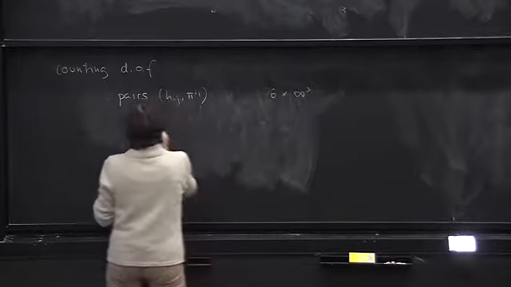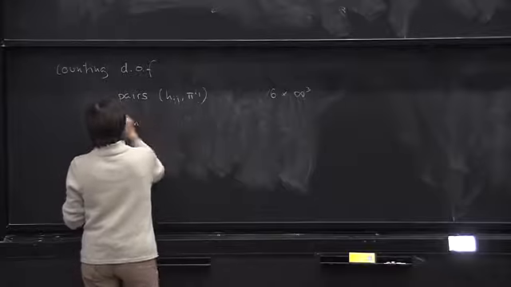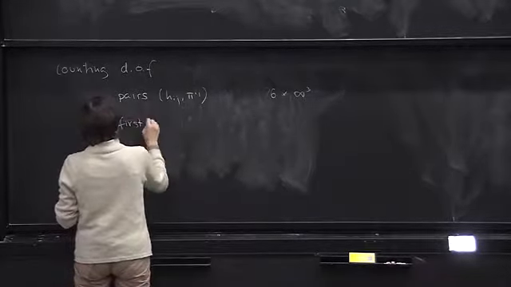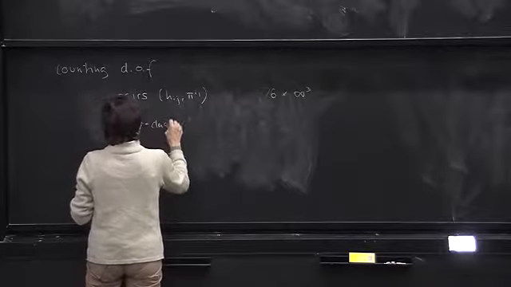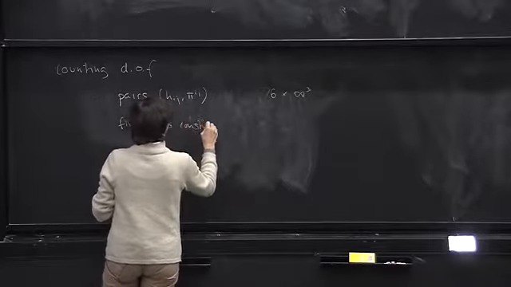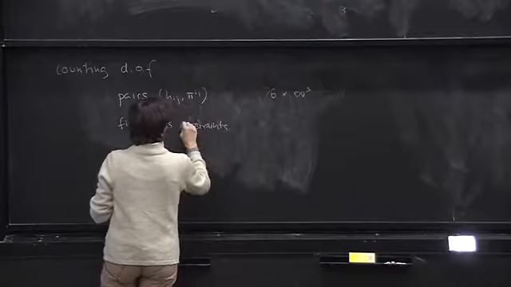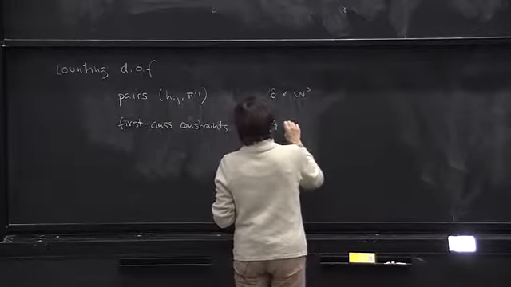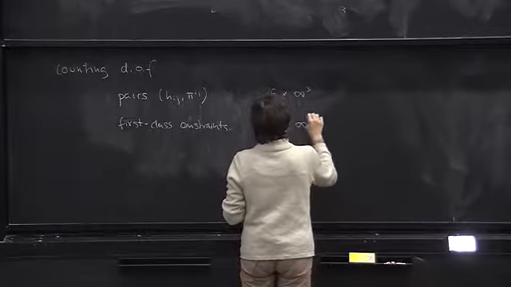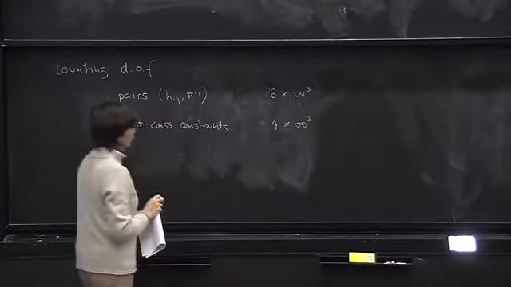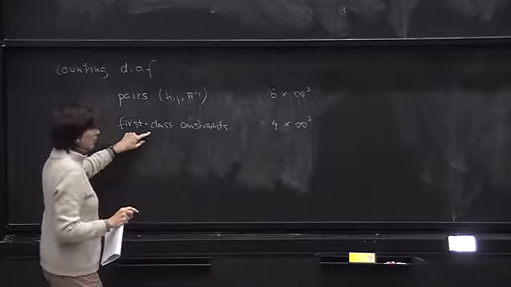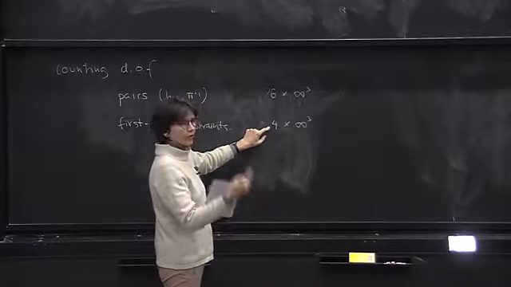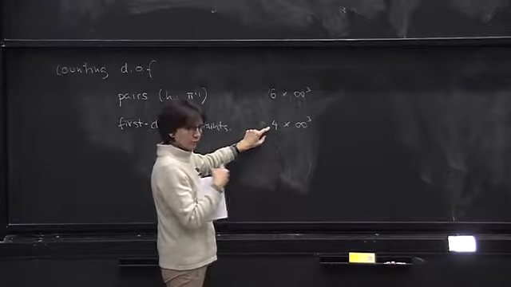I have then the constraints. So I have first-class constraints, and of those, I have 4 times infinity cubed. So note here this refers again to pairs of degrees of freedom on the phase space.